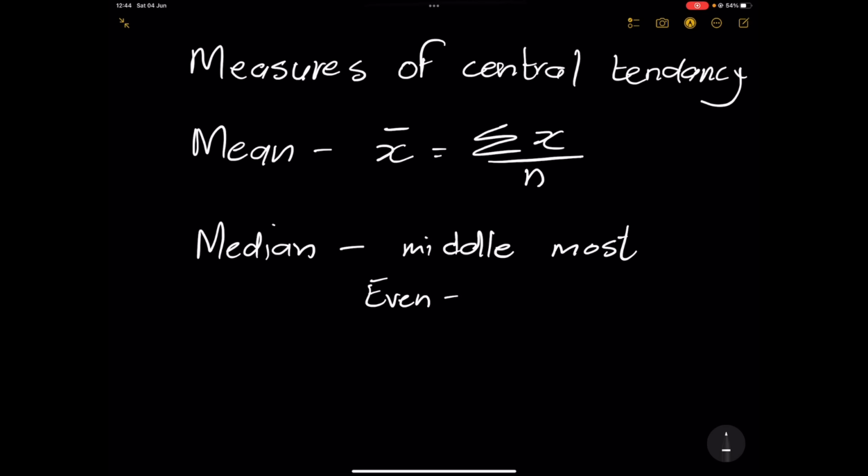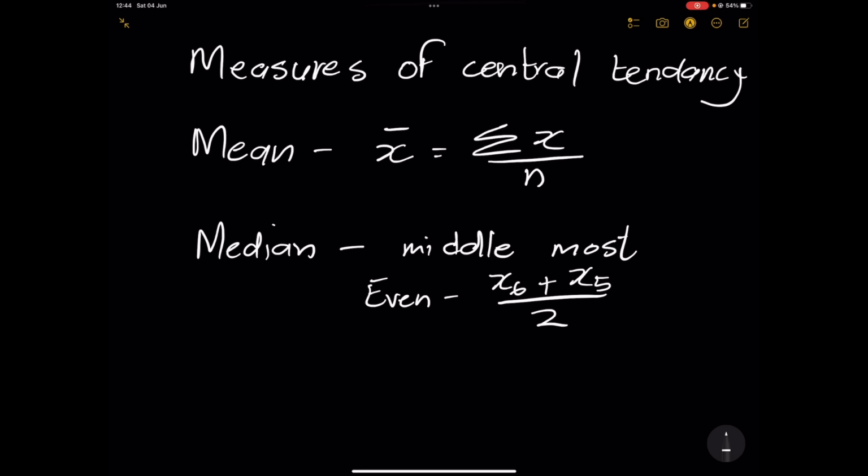Let's say we had 10 data values, the ages of children or whatever the case is. What I'm going to do is take x5 plus x6, so in this case it means I'm going to take the fifth and the sixth value, because those are the ones right in the middle, and I'm going to divide that by 2 to get the median.